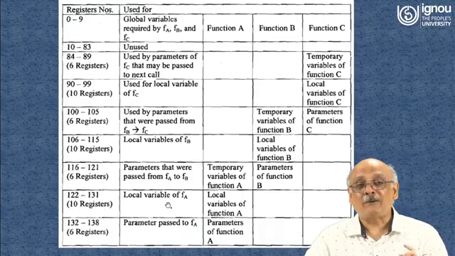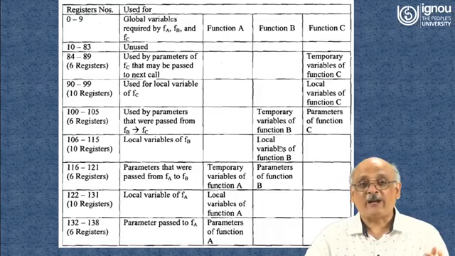Whereas in the case of complex instruction set computers, this area would be utilized by function B, and then obviously they need to be stored somewhere so that we can restore the context when function B terminates. This is not required anymore in the case of a reduced instruction set computer.